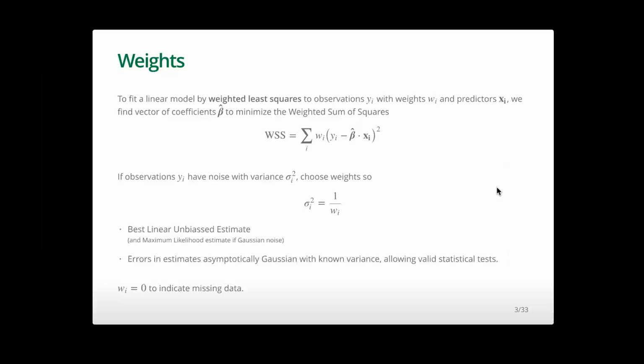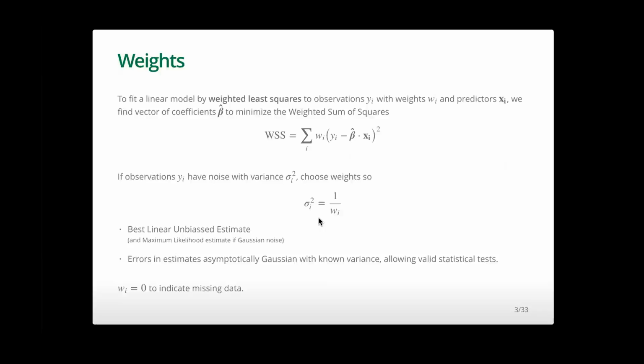Now, the ideal weights to have in this situation are setting the weights to 1 over the noise variance within each observation. That's optimal in a few different senses. It's what's called a BLUE estimator, best linear unbiased estimate. And if the noise is Gaussian, it's also a maximum likelihood estimate.